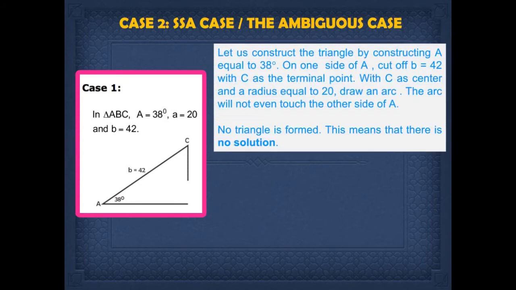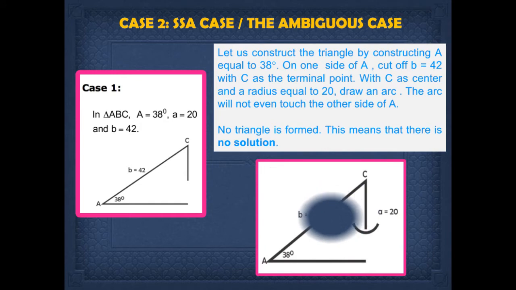Now, let us construct the triangle by constructing angle A, which is equal to 38 degrees. On one side of A, cut off b equals 42, and then with a radius equal to 20, draw an arc. Here is angle A, here is side b, which is 42 units, so from A to C, that's side b.